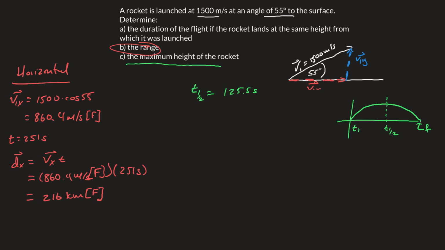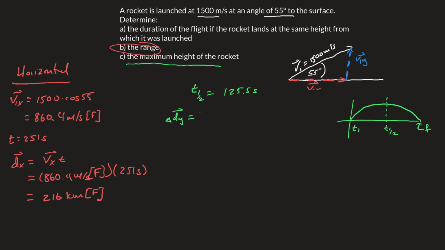So we can go back to our original vertical height equation, but in this sense, instead of solving when dy is equal to 0, because that will be when it hits the ground, we're going to solve for dy, but we're going to use the same equation here.